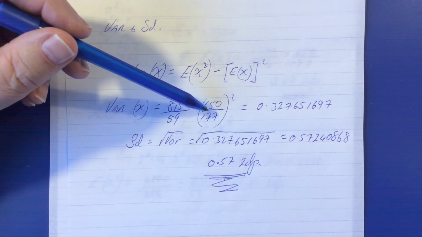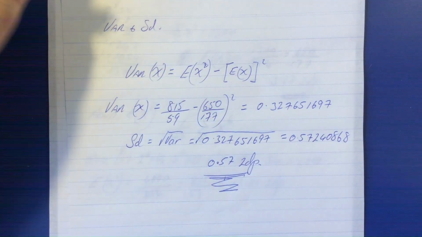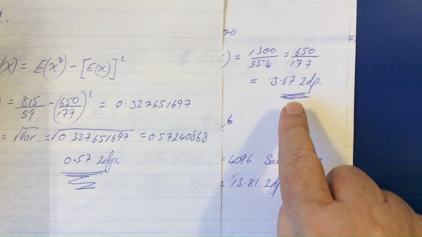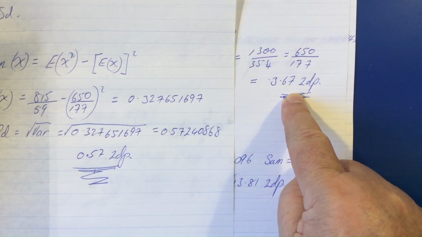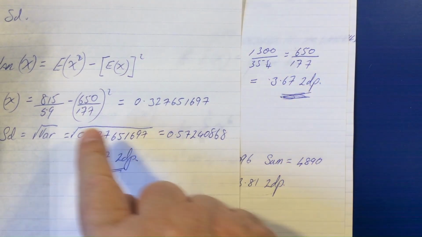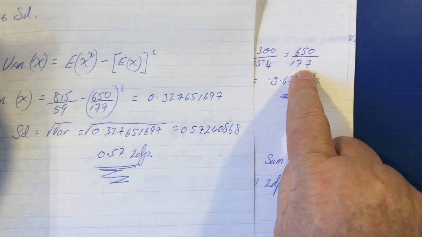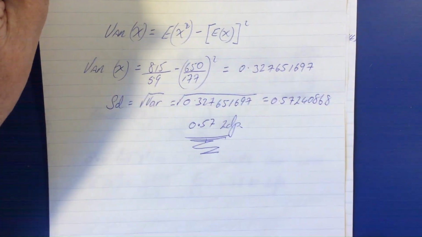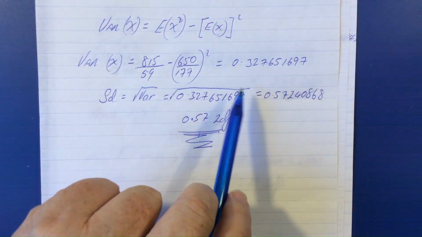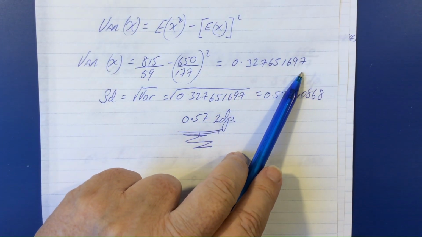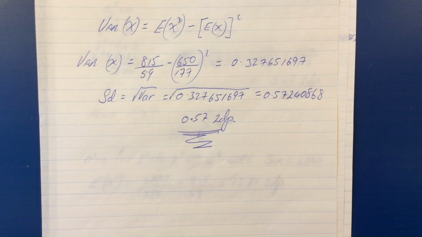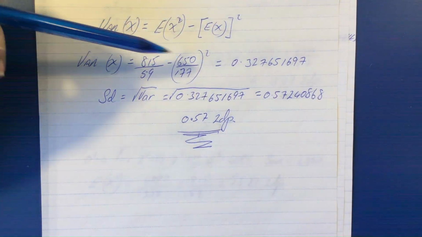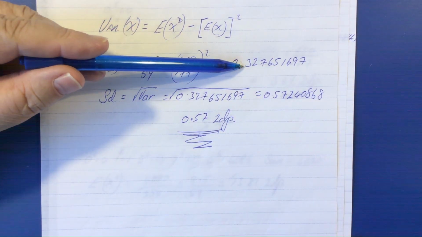Now, remember, I got this and then I converted it to a decimal just for a reference, but when I'm doing this calculation, I'm using this. And when I do that, I get this lovely long decimal. I didn't bother working it out as a fraction. I could have, but I didn't have all day. So this is the variance.